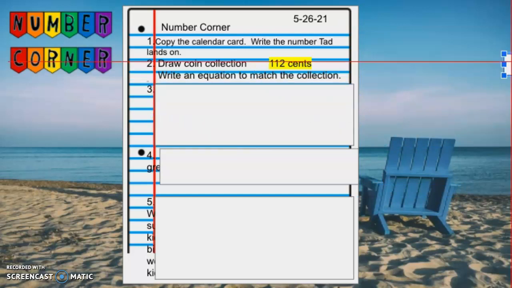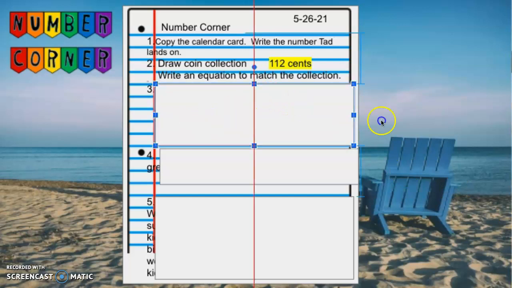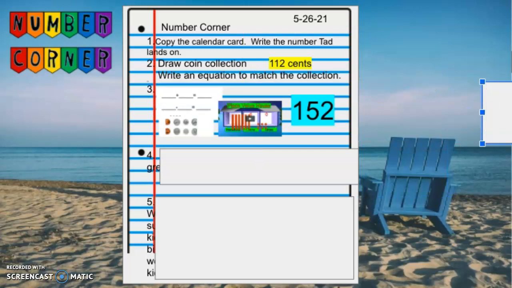All right, we are moving on to number 3. Number 3 says we are going to represent the number of days we've been in school. We have been in school for 152 days.